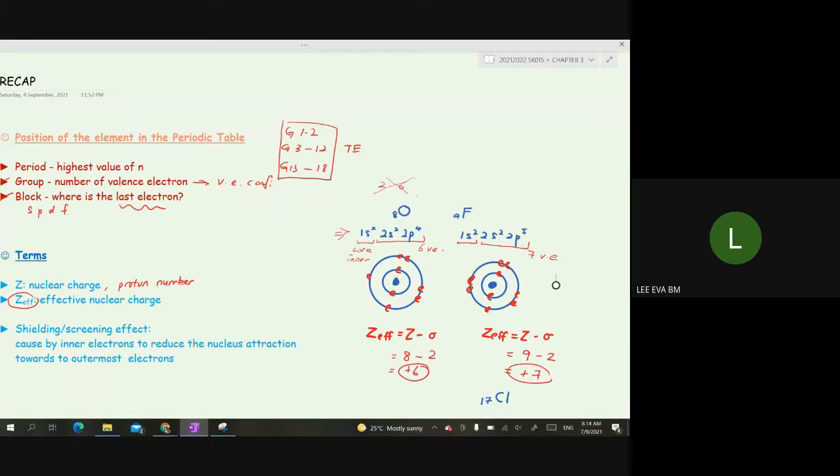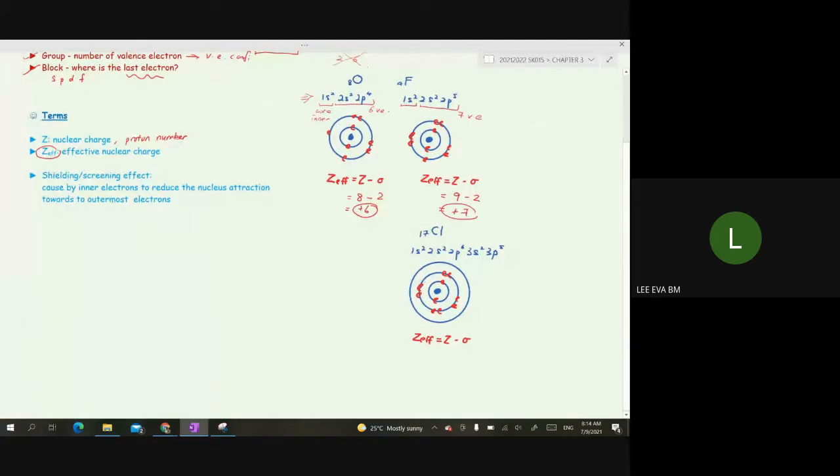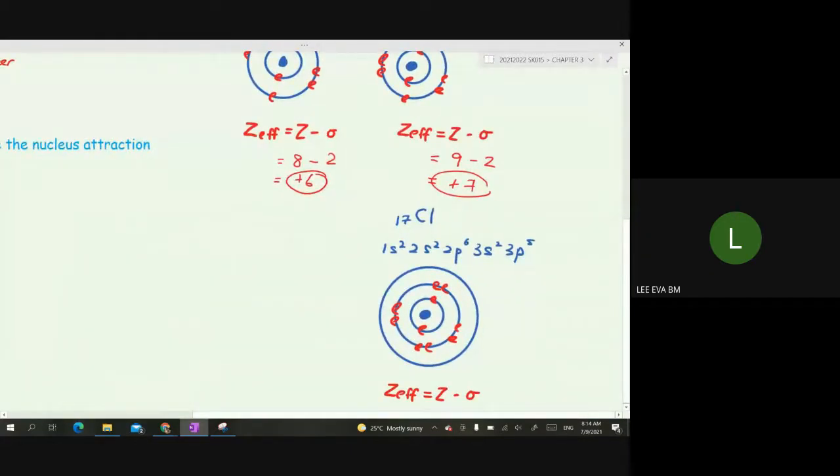I'll show you one more example using chlorine, which is one element below fluorine. For chlorine, we have proton number 17. If you write out the electronic configuration, it shows like this: 1s2, 2s2, 2p6, 3s2, 3p5. You can recognize that 3s2, 3p5 is the valence electron.